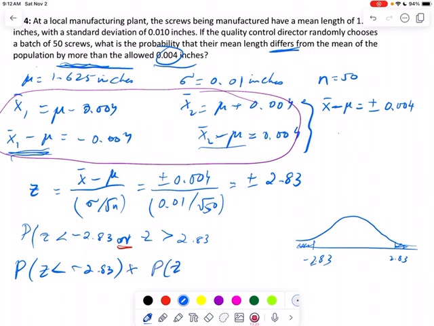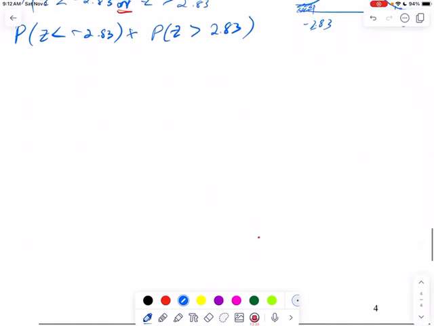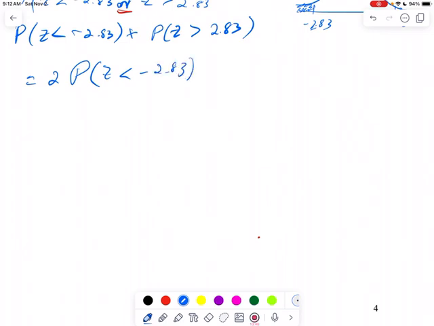Because of symmetry, these are the same. So this is equal to 2 times the probability that z is less than negative 2.83. I will have to look up just one value, the negative 2.83.